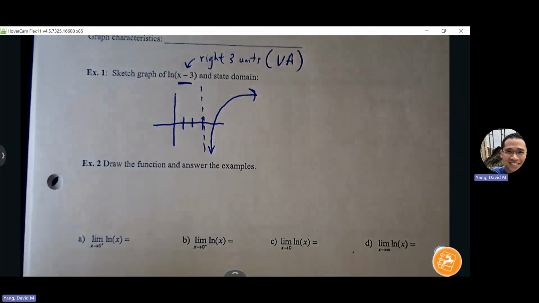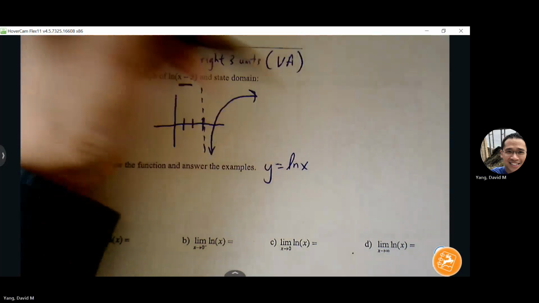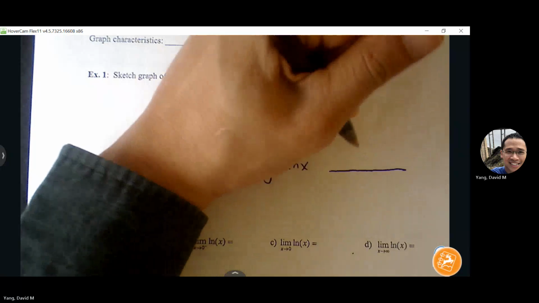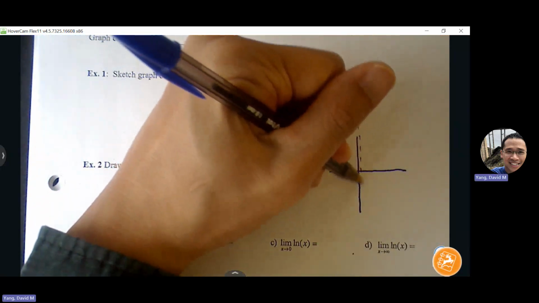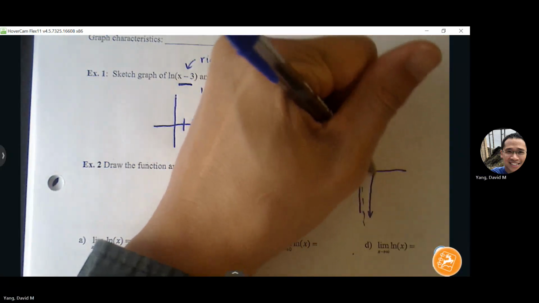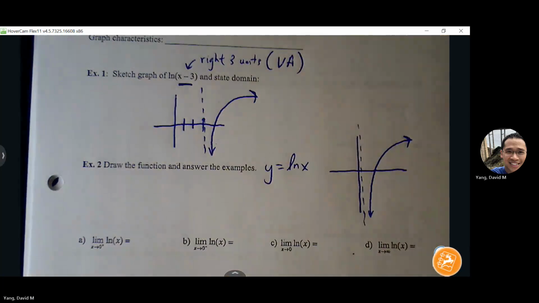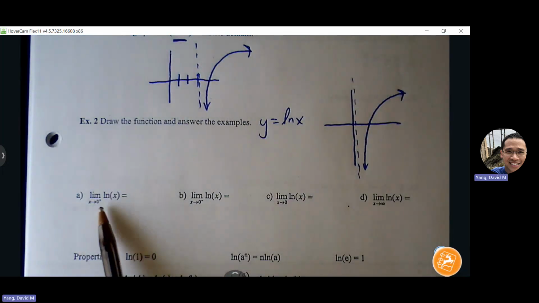Example 2, draw the function, and the function is referring to natural log of x. So here's natural log of x. Some properties here. Limit as x approaches 0 from the right.